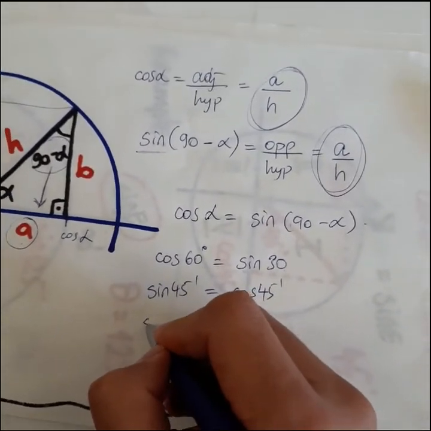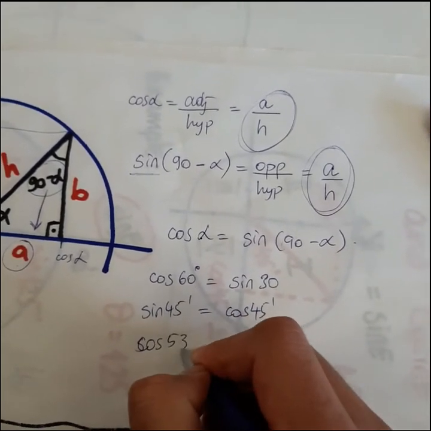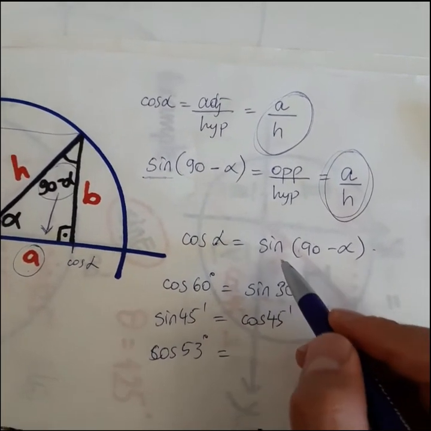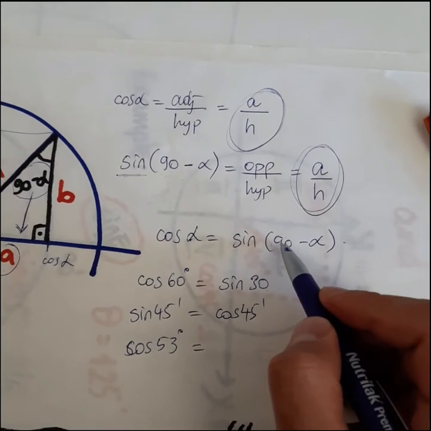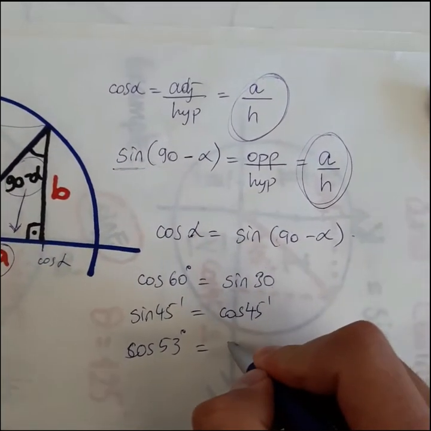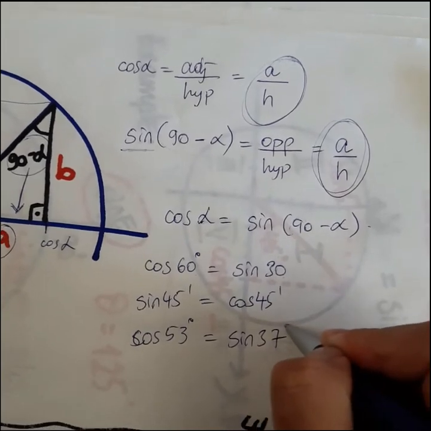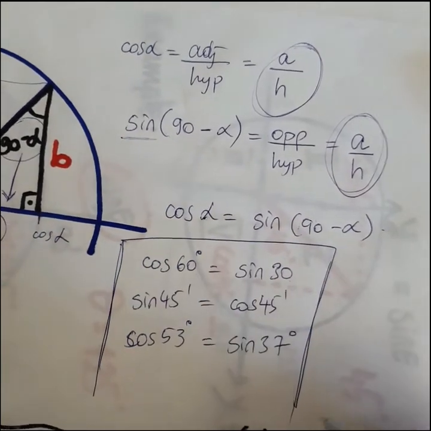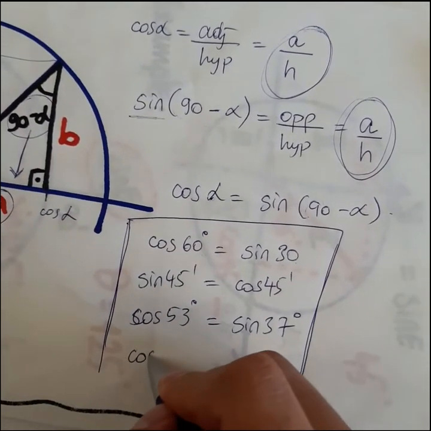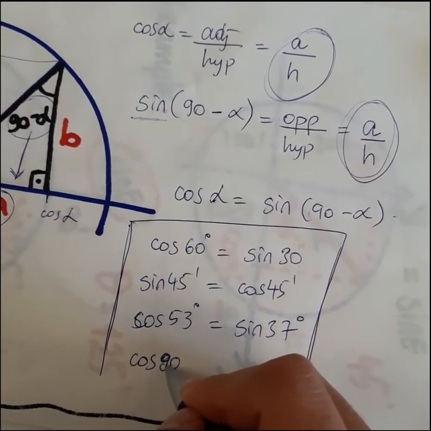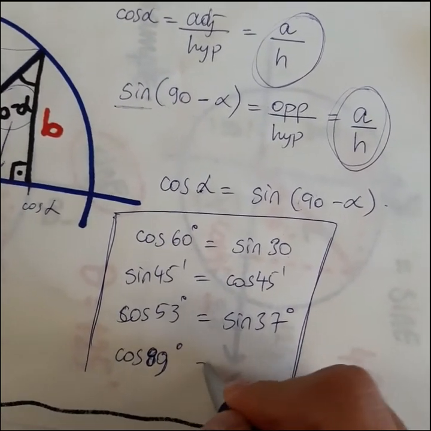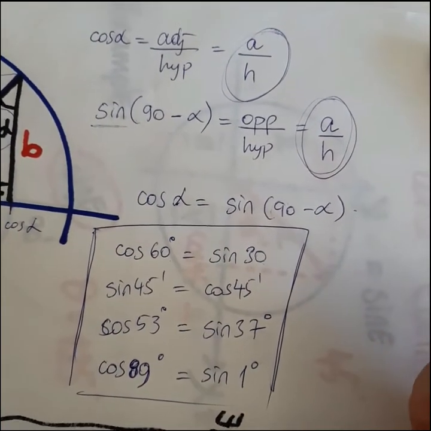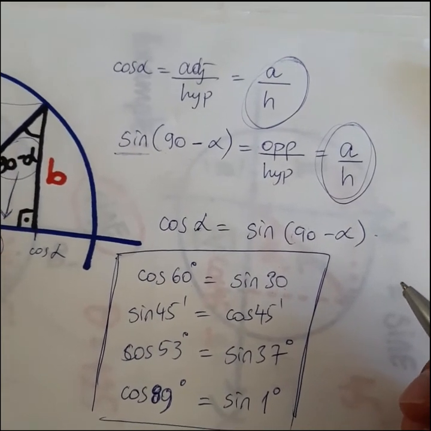Next, cosine 53 degrees: just replace 53 with alpha, and if you subtract 53 from 90 degrees, you will get sine 37. So we have these equivalents. And cosine 89 degrees is equal to sine 1 degree. They are all equal ratios or equal values.